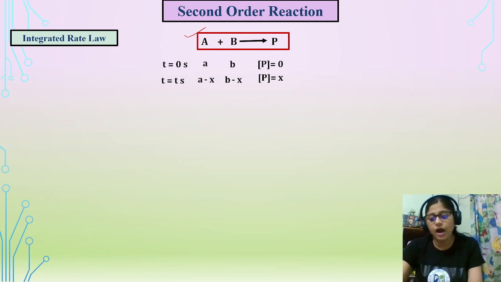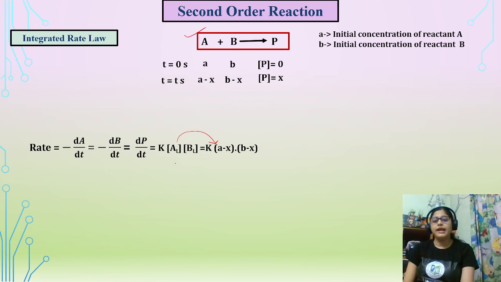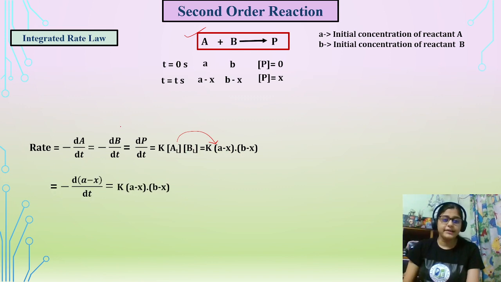Now we know that rate is minus dA by dt, minus dB by dt, equal to dP by dt. We can write the rate law like this: k into At Bt. We can also put the values of At and Bt here, then the formula will look like this. Next, minus d(a minus x) by dt equal to this.